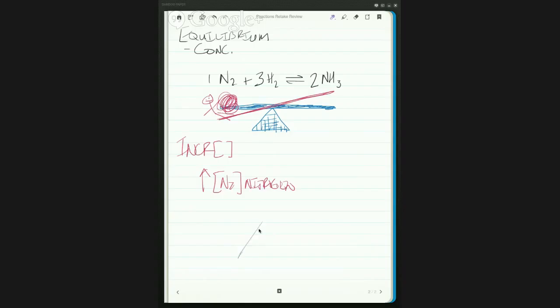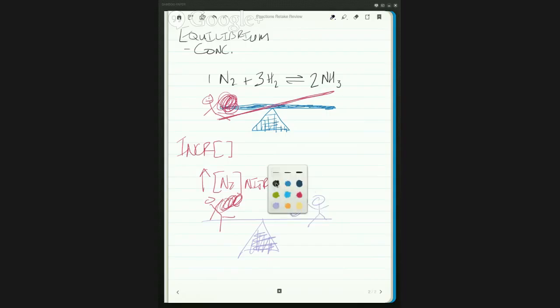I might as well make a whole new one. Because now we have Mr. Nitrogen on this side, and he's got a whole bunch of this stuff, whatever it is. And then we put Mr. Ammonia on this side so it can balance out.